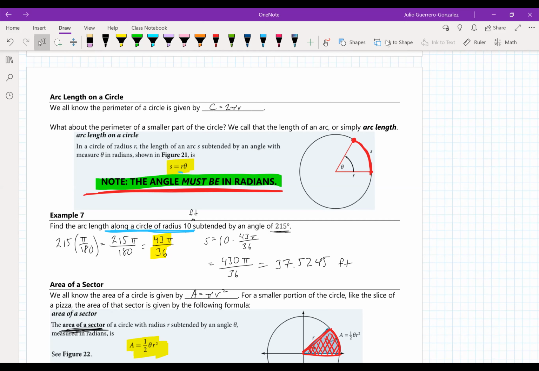Okay. How's everybody doing? I'm still trying to find the area.